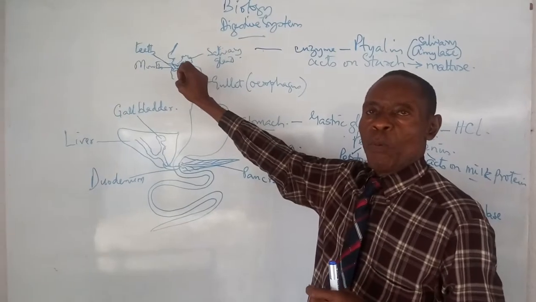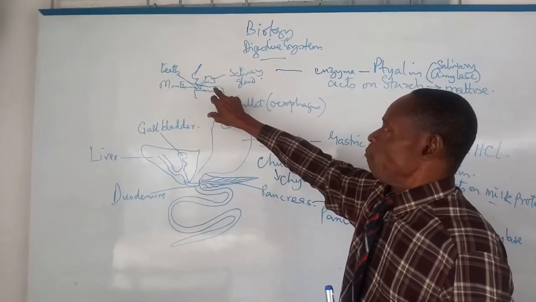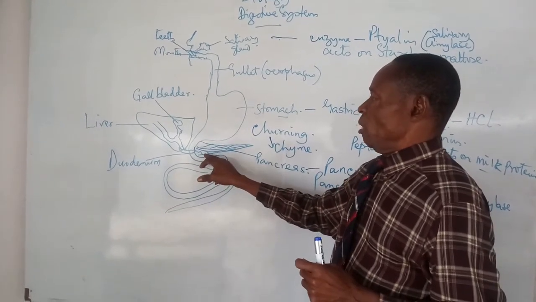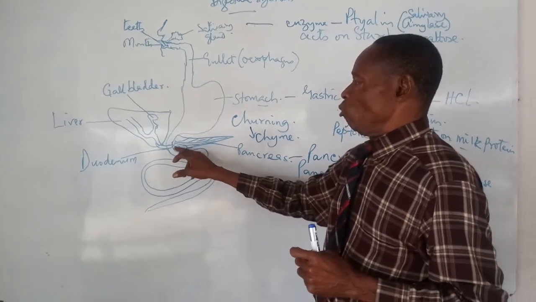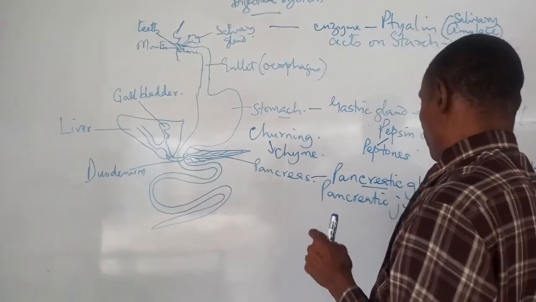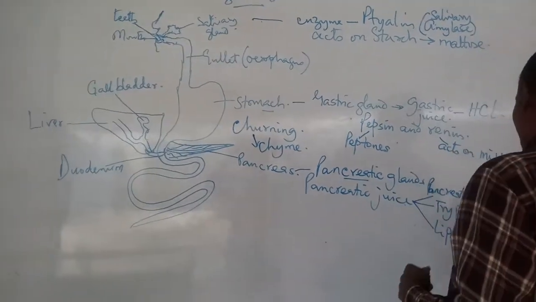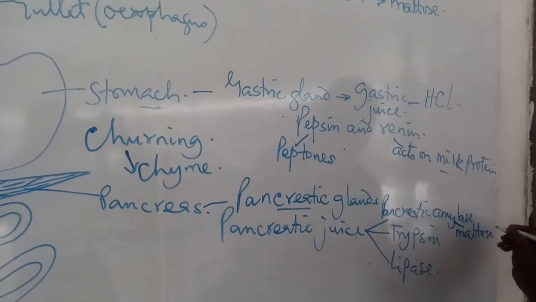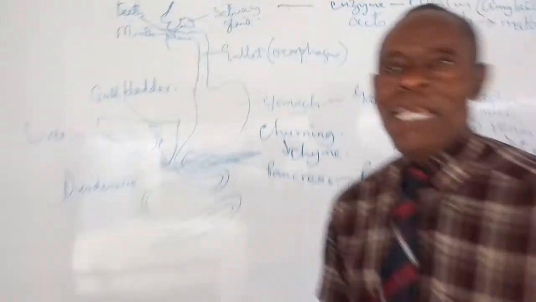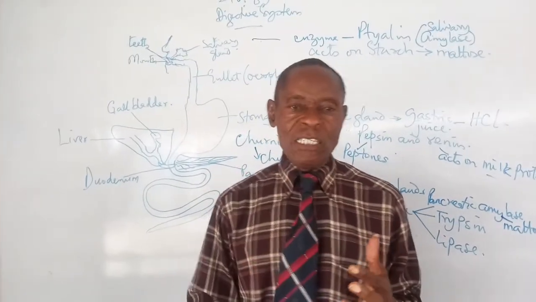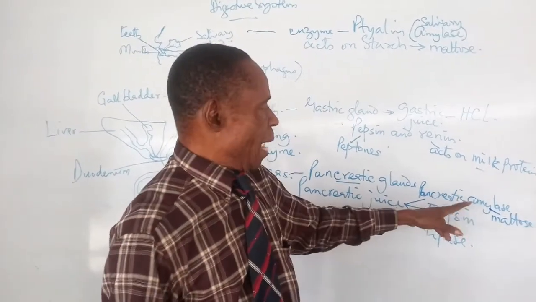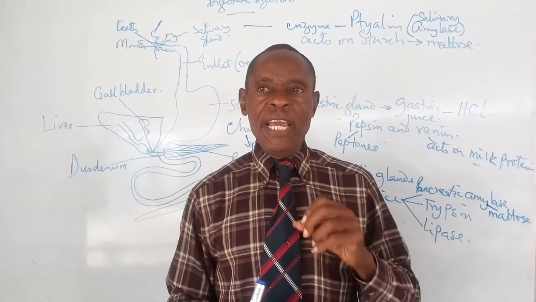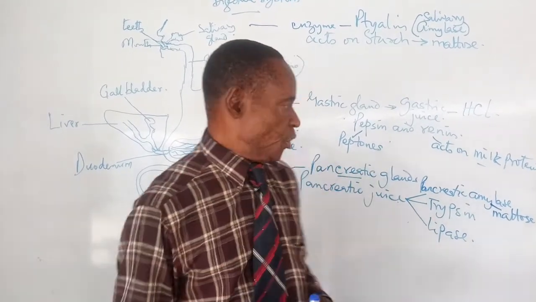So there was still some raw starch that came in from the mouth into the stomach and then passed to the duodenum, and here the pancreatic amylase acts on that starch, changing it into maltose. And take note, all the amylases, whether salivary amylase or pancreatic amylase, act on starch, changing it into maltose.